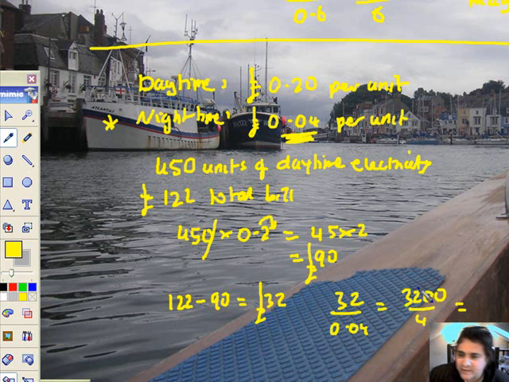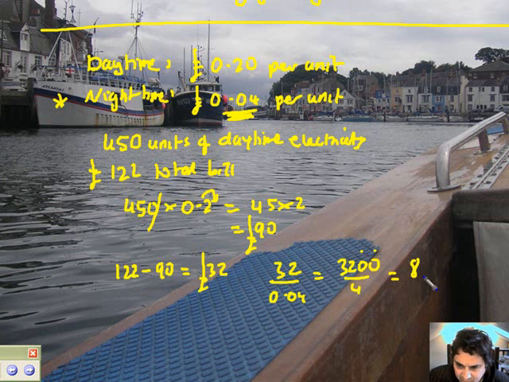Not to be scared of that. 4 goes into 32 quite a bit actually. 4 goes into 32 8 times, and a 0 and another 0. 800 units. So he used 800 units of nighttime electricity, and he used 450 units of daytime electricity, but we've answered the question. Answer is 800 units of nighttime.